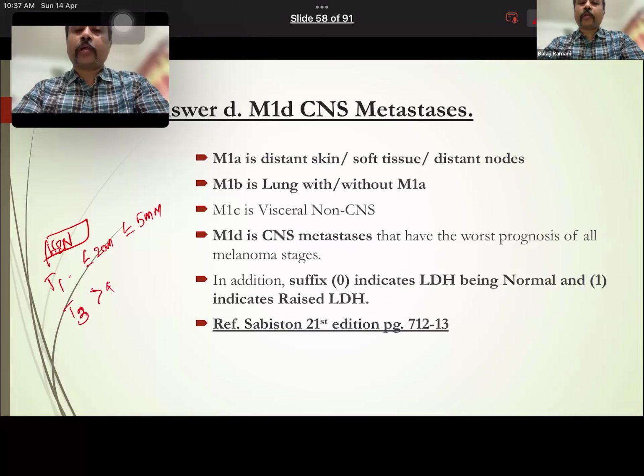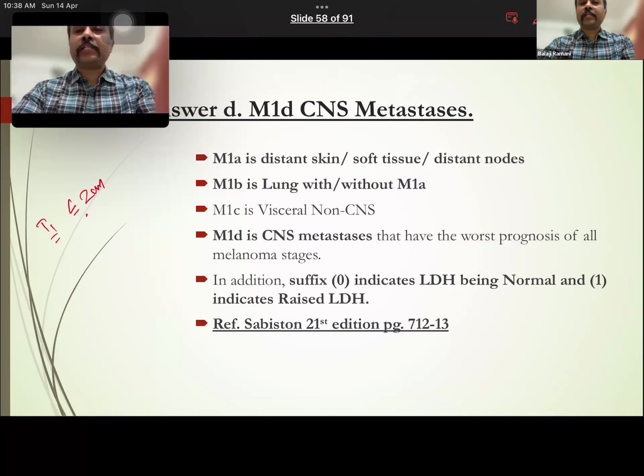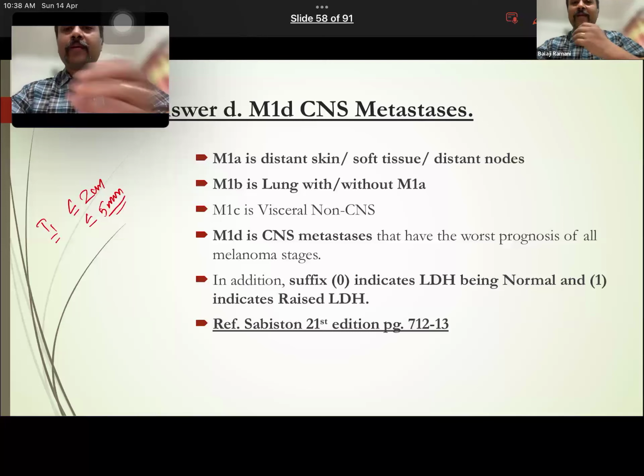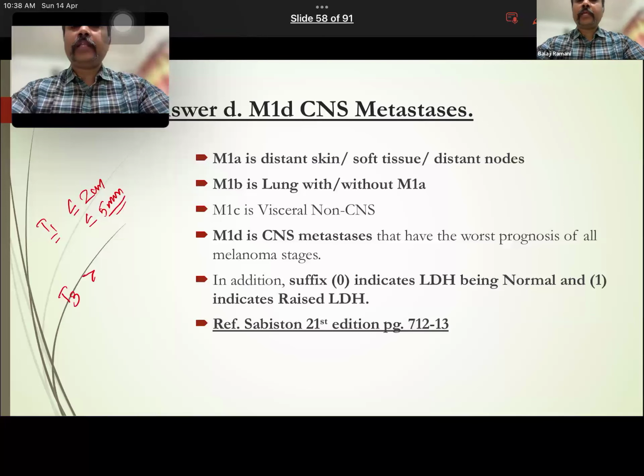So here the correct way to look at it is actually like this. T1 is less than or equal to 2 centimeters in size and less than or equal to 5 millimeters. Okay. Now T3 is going to be either more than 4 centimeters or it is going to be more than 10 millimeter.